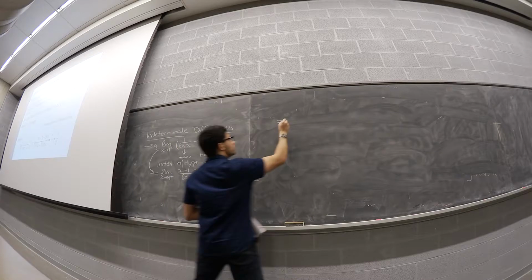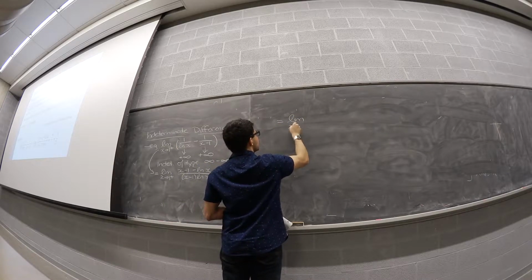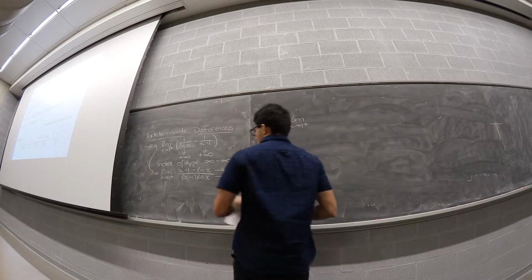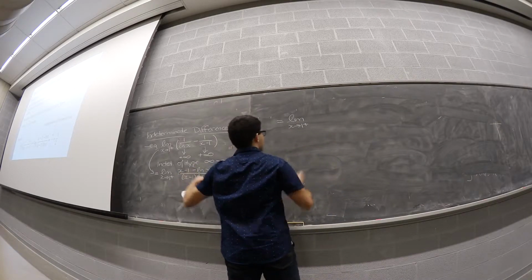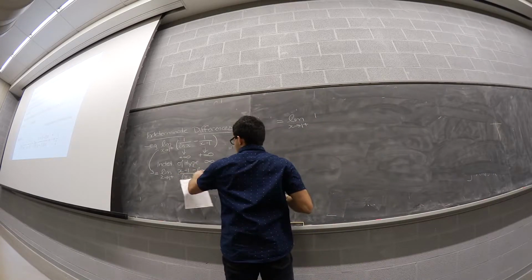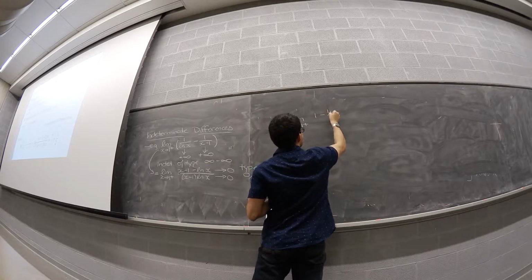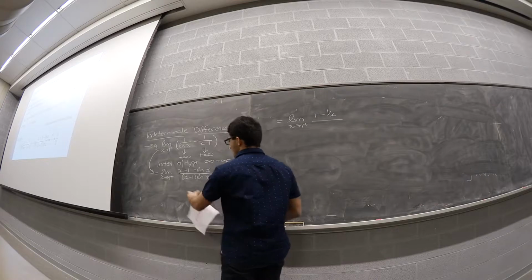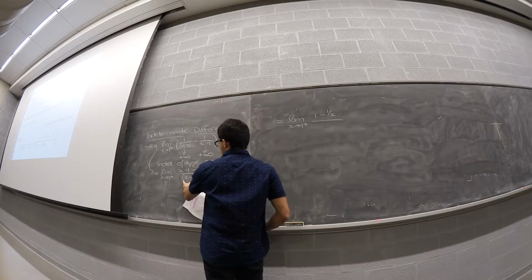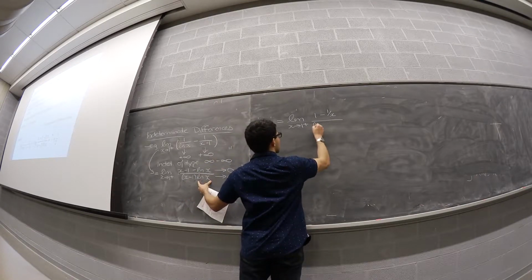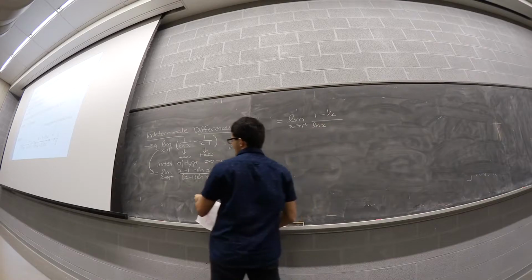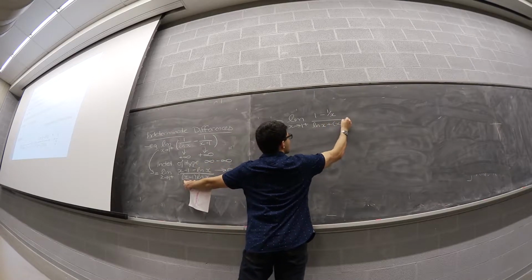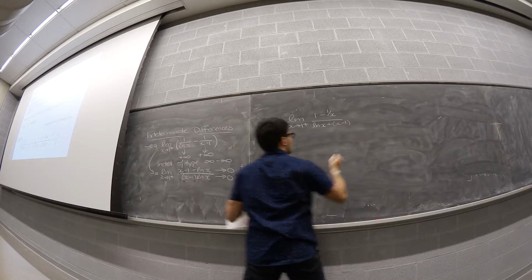Okay, L'Hopital's rule. Derivative of the top, 1 minus nothing, minus 1 over x. What do we got here? Derivative of the first is 1 times the second, ln x, plus the first times the derivative of the second, which is 1 over x.